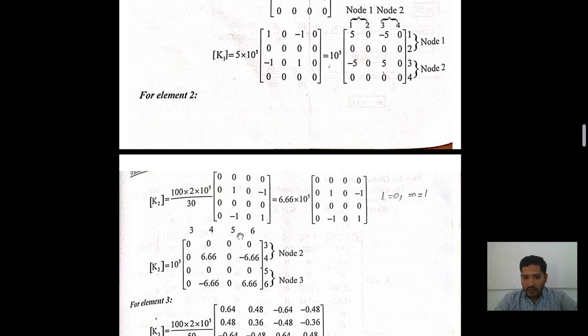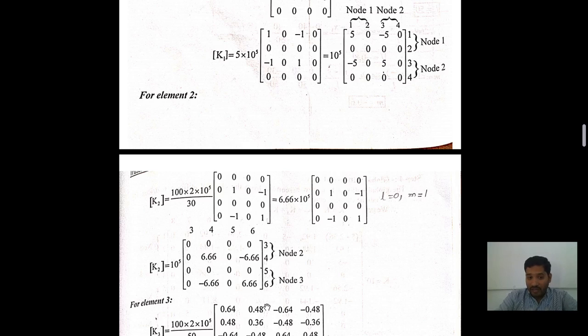Let us see. 6.6 into 0 becomes 0 only. 6.6 into 1 is 6.66. 6.66 into minus 1 is minus 6.66. If you multiply by 0, it becomes 0 only. For that reason, there is no need to multiply by 0. Is it right? Then 6.66 into minus 1 is how much? Minus 6.66. 6.66 into 1 is 6.66.